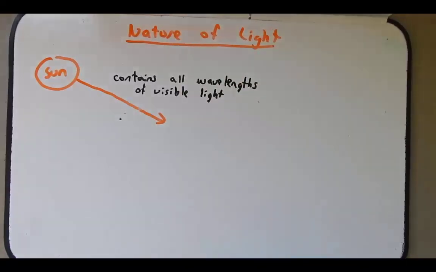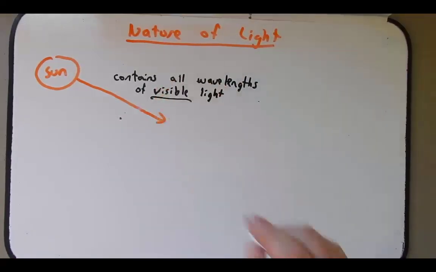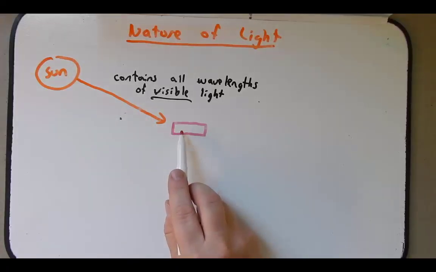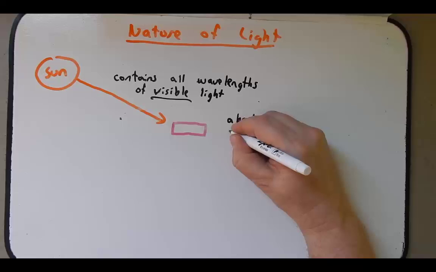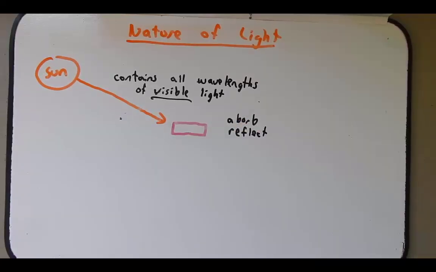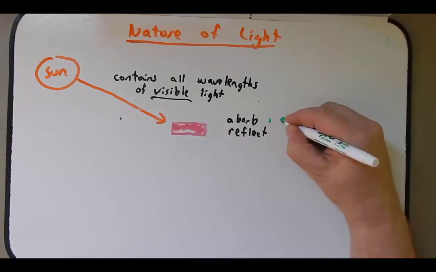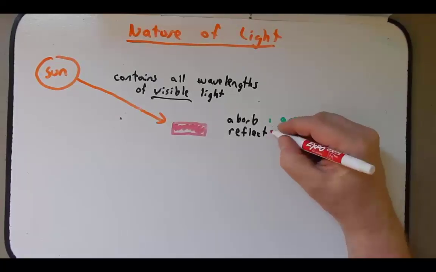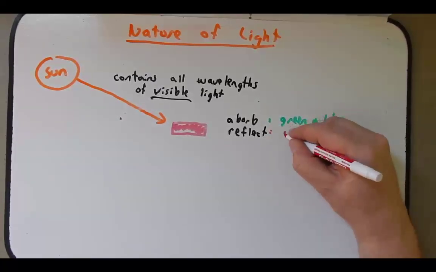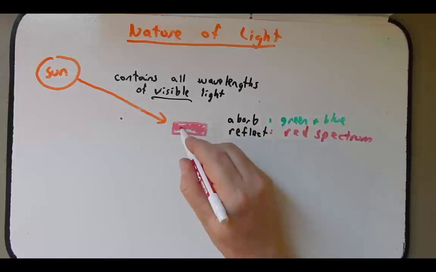It also has some wavelengths of non-visible light, but we're going to focus on the visible light. When these photons hit an object, the wavelengths will either be absorbed or reflected. If we see an object and it's red, we would assume it's absorbing visible light in the green spectrum and the blue spectrum, but it's reflecting visible light in the red spectrum. And that is why it's red.